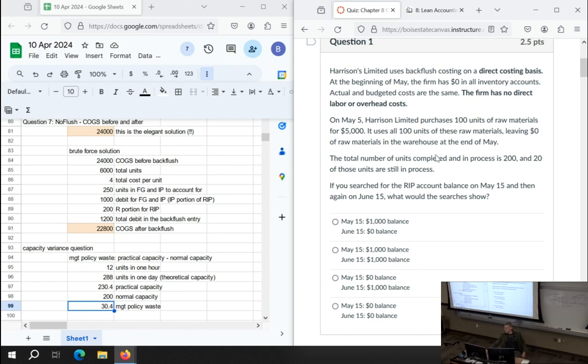And so we're going to need to have a certain amount we've debited to RIP, right? I know we don't have info here on direct labor and variable overhead. We try to simplify the problem.